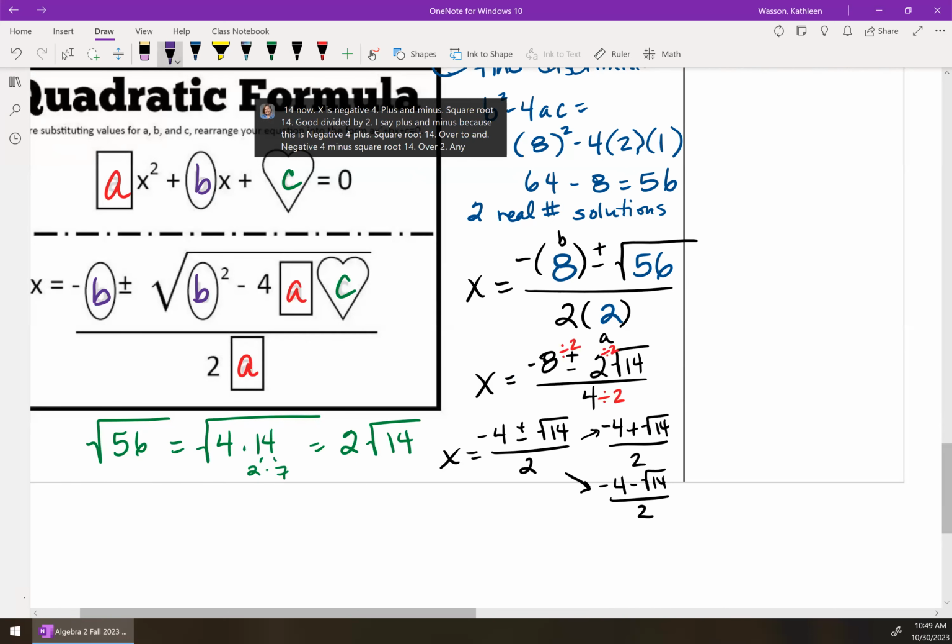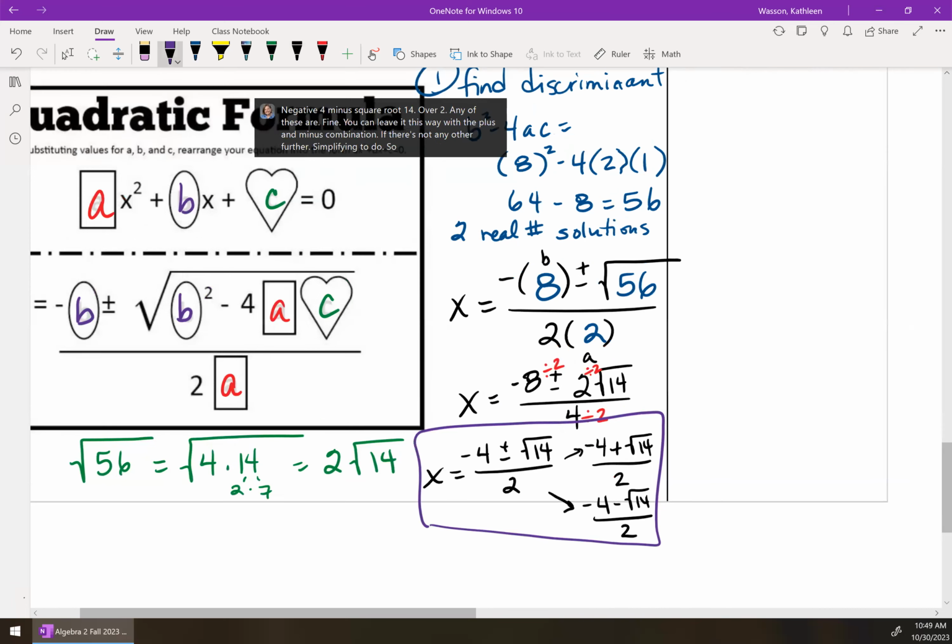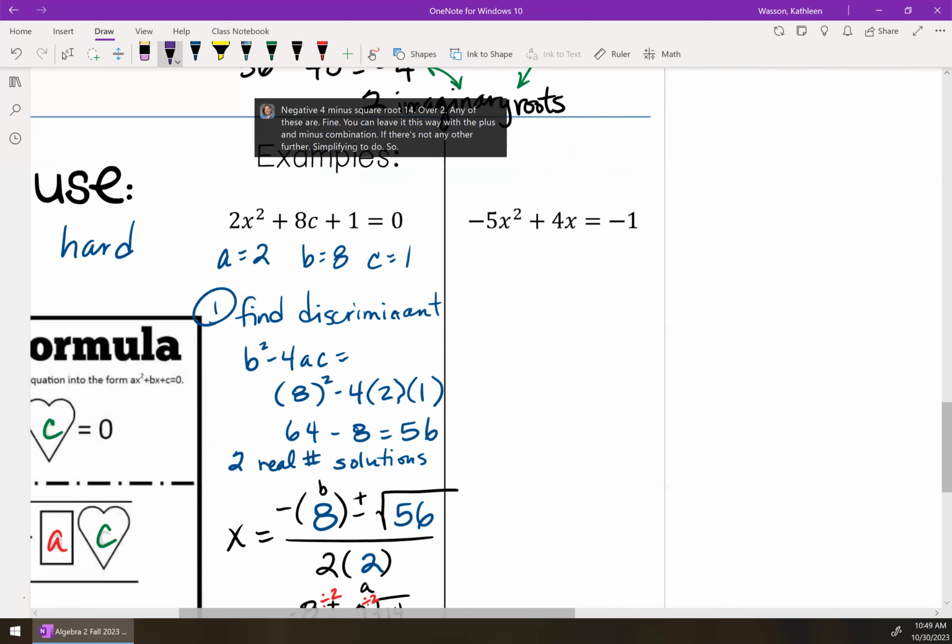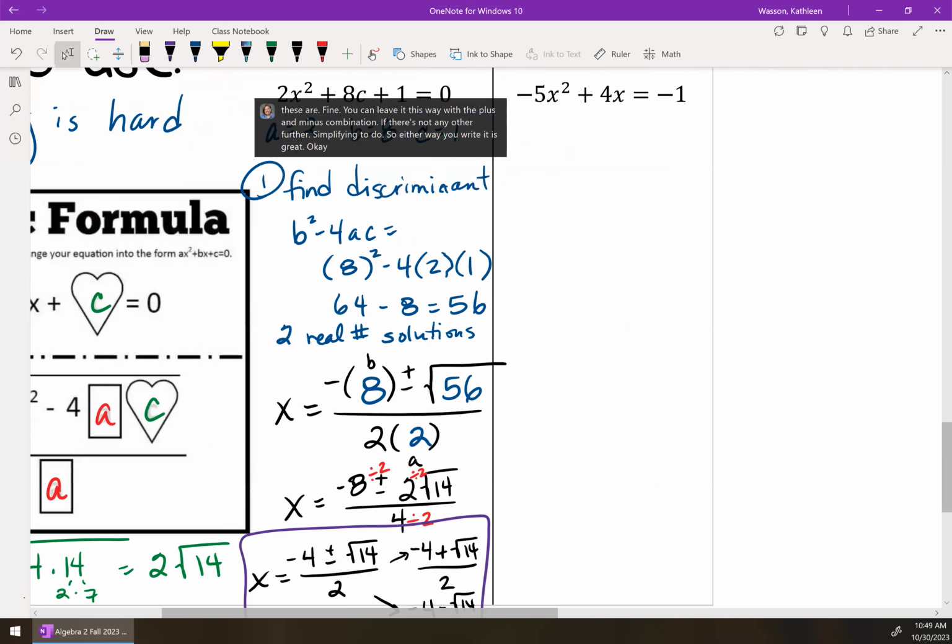Any of these are fine. You can leave it this way with the plus and minus combination if there's not any other further simplifying to do. So either way you write it is great. Okay, next. Last, if you like to think of it that way.